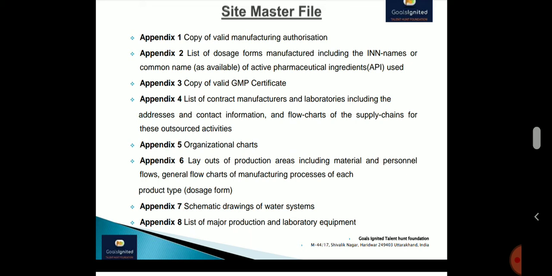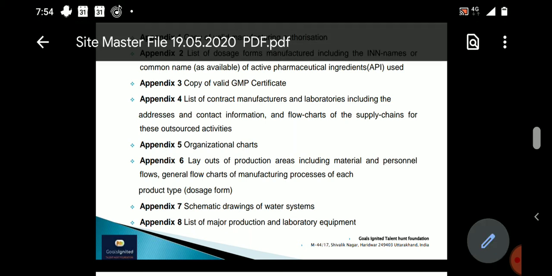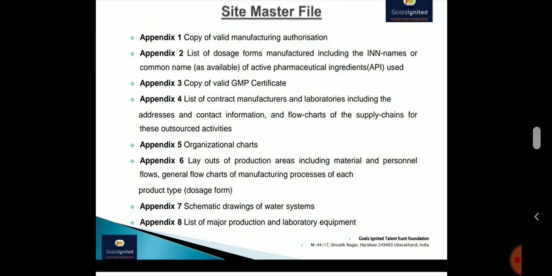So it should be included with the organogram, a complete organogram with production, QC, QA and everywhere, but also a separate organogram for quality, showing that it reports directly to the top management or the owner of the company, enclosed with the site master file.